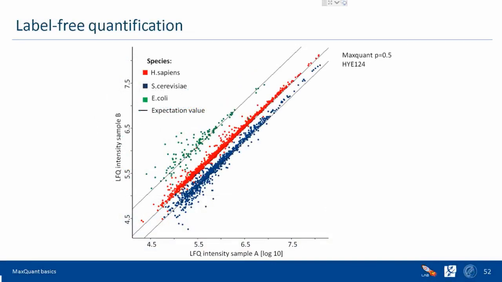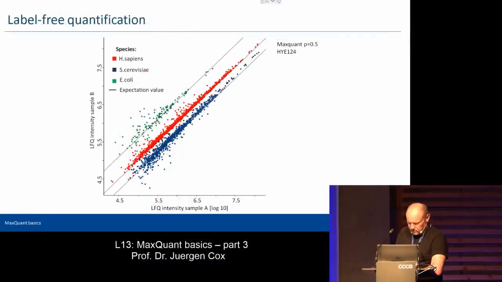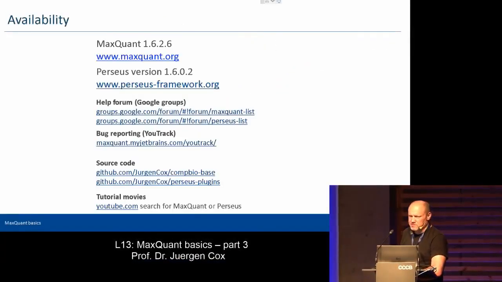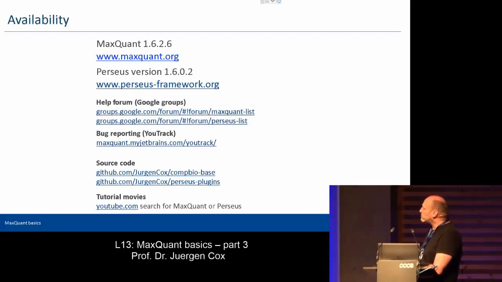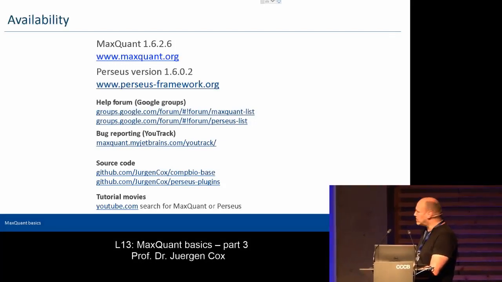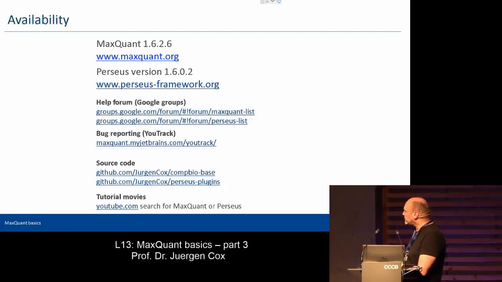Okay, so let me say something about availability in general. Now you have the software on the USB sticks, but you can always get the latest MaxQuant version from the MaxQuant website, and Perseus you also get from the website, but you can also just Google and you will be brought to the page.